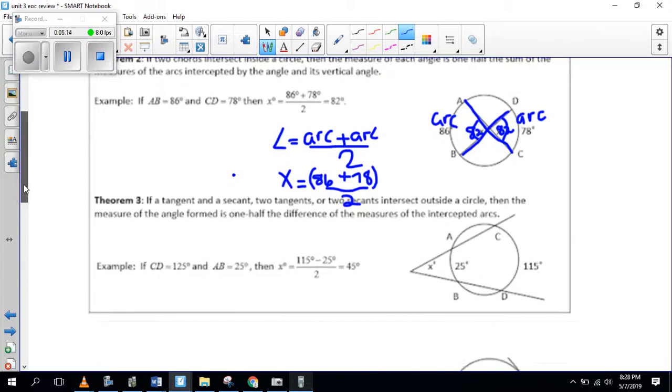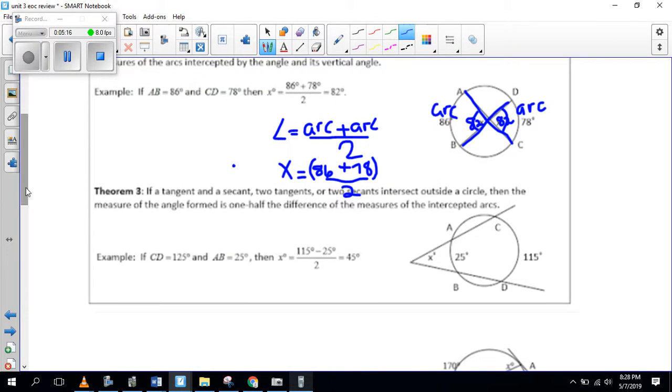Okay? The last one we have, so if a tangent and a secant, so a secant goes all the way through, or two tangents, or two secants intersect outside a circle. So if you look here, we got two secants.